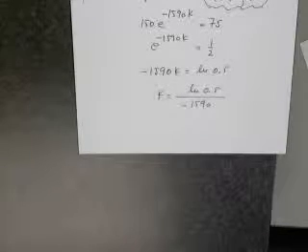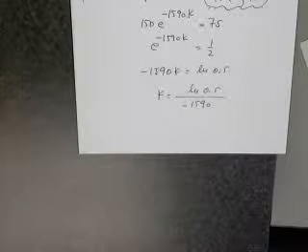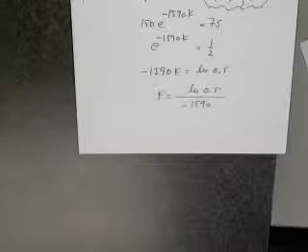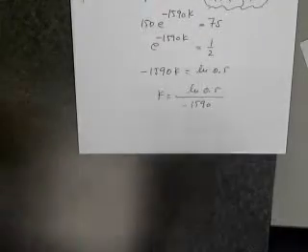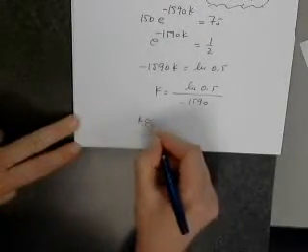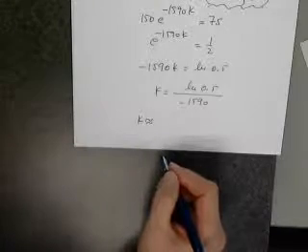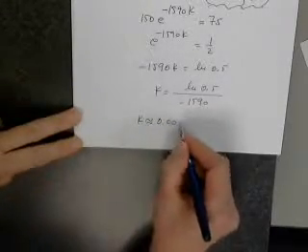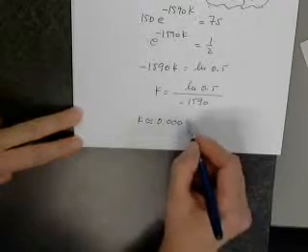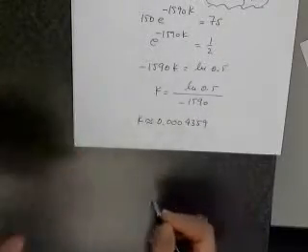So natural log 0.5 divided by, in parentheses, negative 1590 and close. And press enter. Okay, careful. k is approximately negative 4.359e to negative 4.